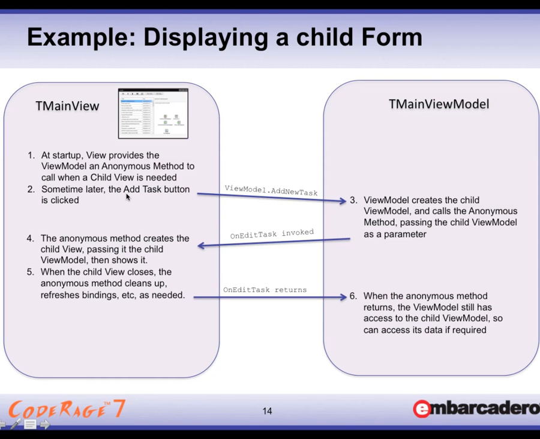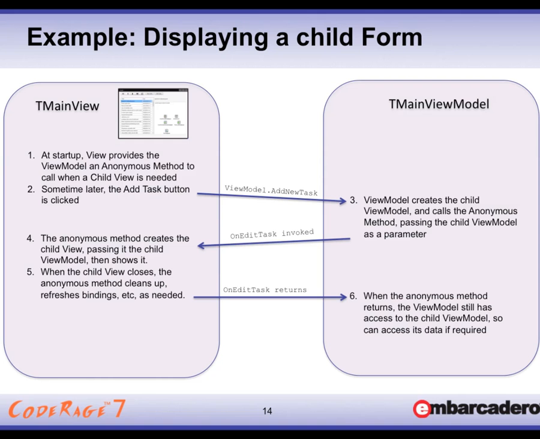I'll show you the code in a second, but the steps are, in my main view at startup, the main view provides my main view model with an anonymous method to call when this child view is needed. Okay, so when the main view model decides that now I need to display a form to the user, it's going to call this anonymous method that was provided by the main view. Okay, so at startup that happens.